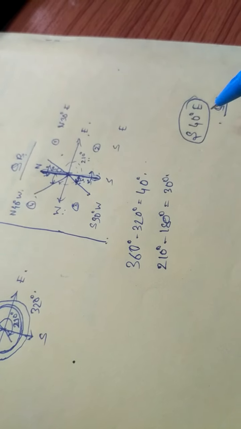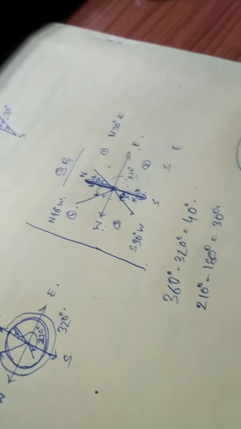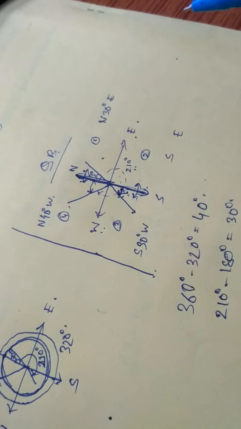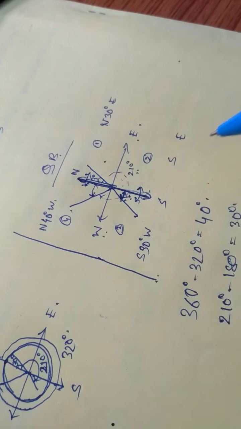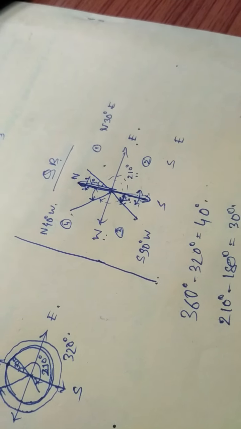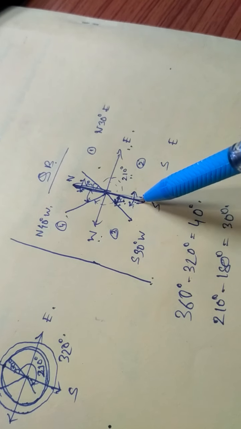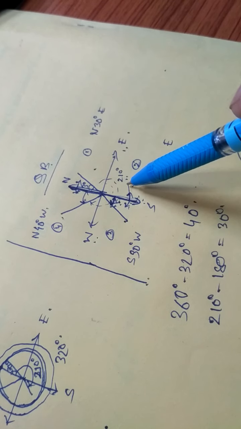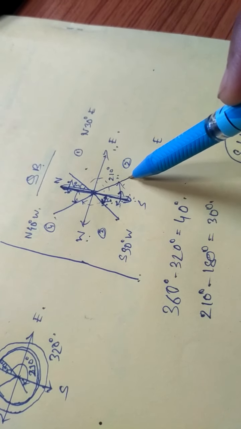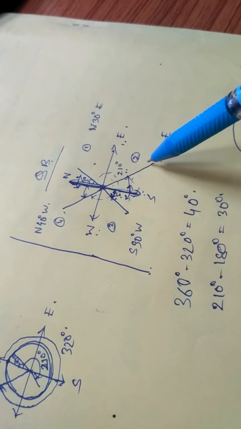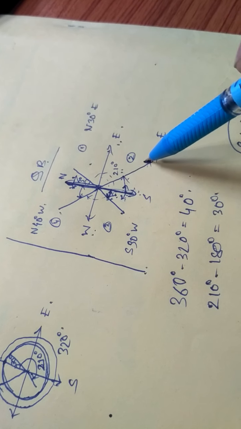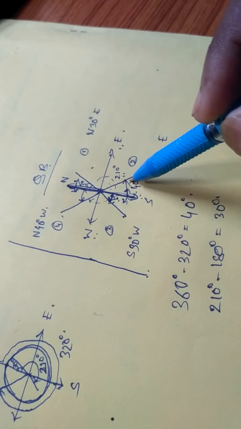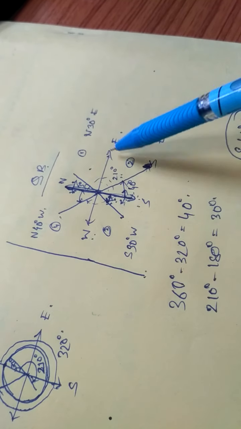Here you first think that it falls under the second quadrant, because south to east with 40 degree means from south measured 40 degree. It will give you this line. This is your 40 degree, this southeast.